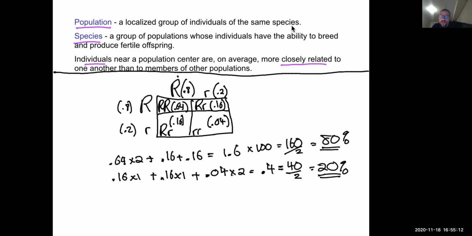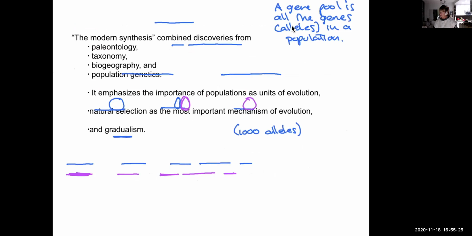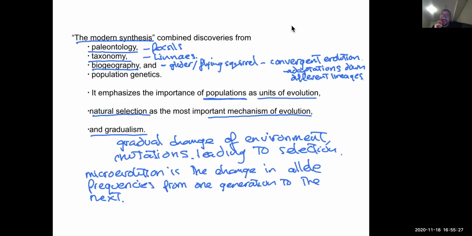So I'm not sure. Are you going to lose all the notes if you go back to the previous slide? Possibly. Oh, actually, it should stay.